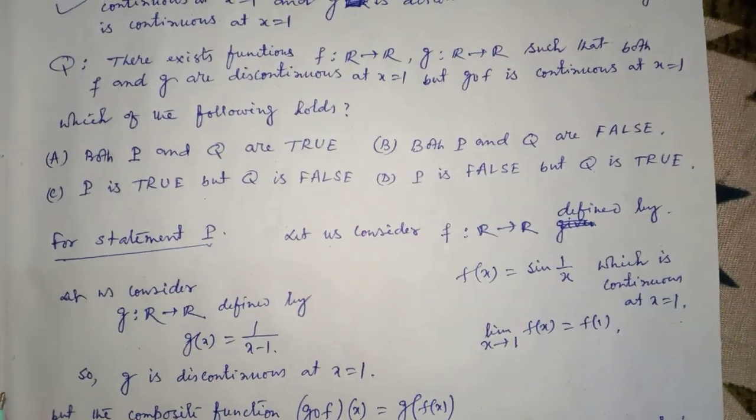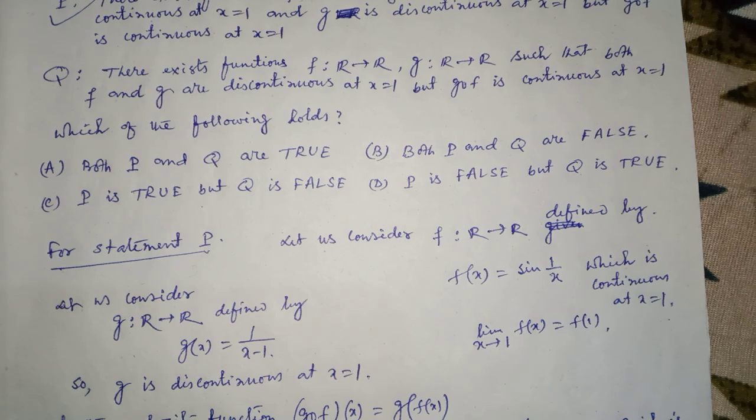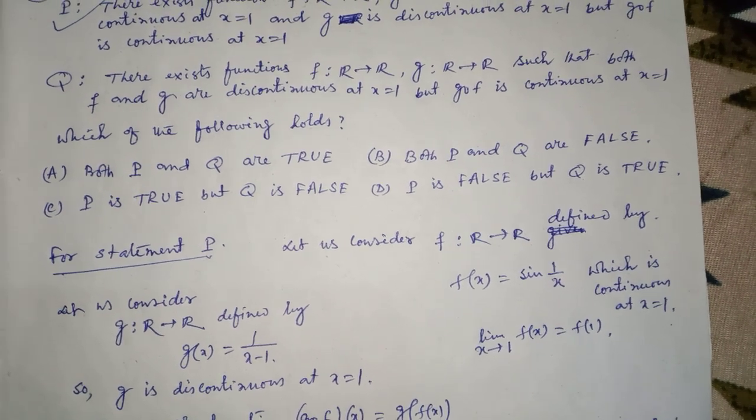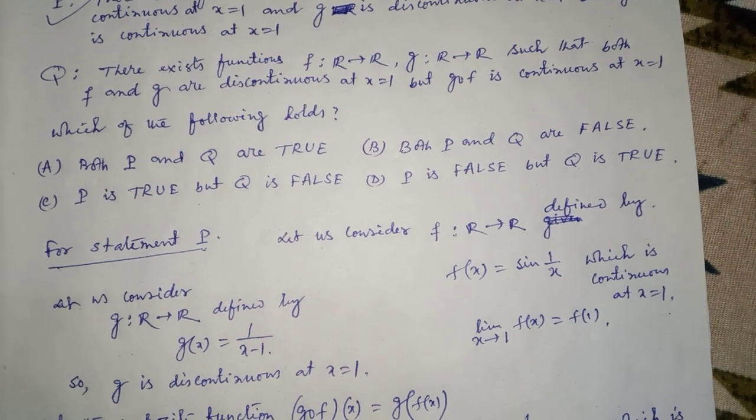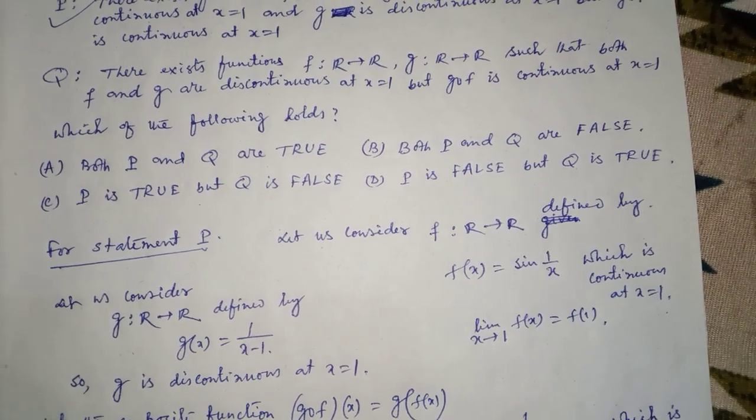And statement Q: there exist functions f: R to R, g: R to R such that both f and g are discontinuous at x equal to 1, but their composite function is continuous at x equal to 1.